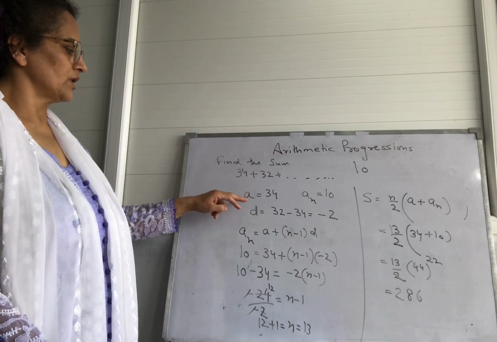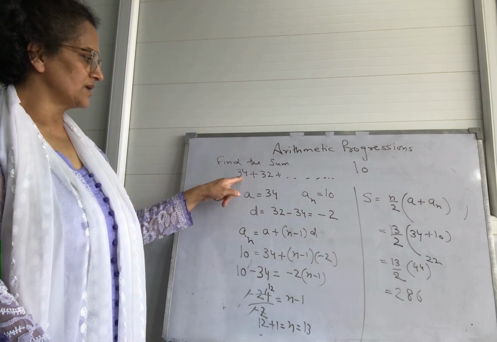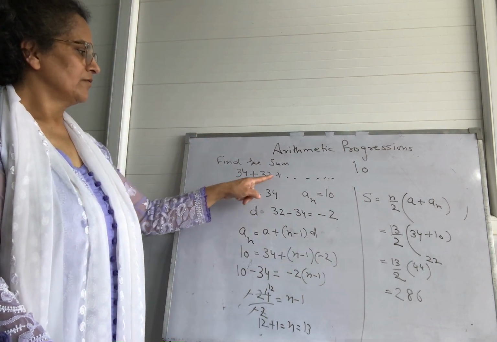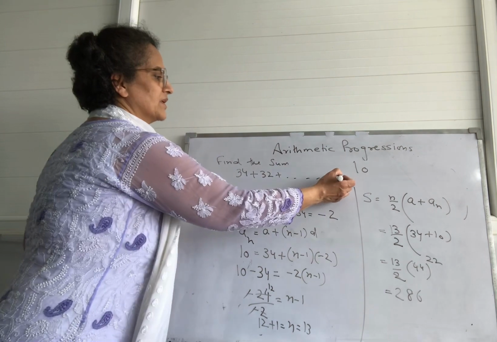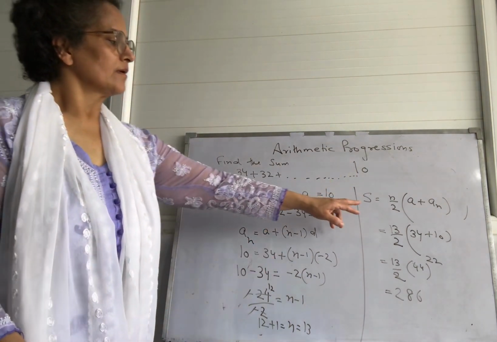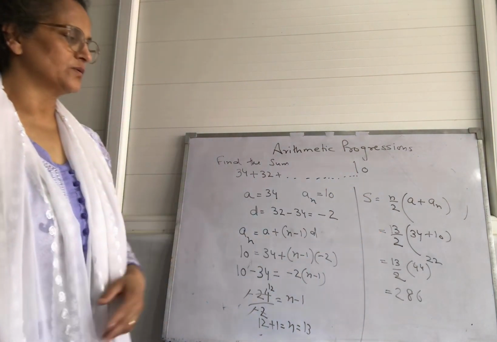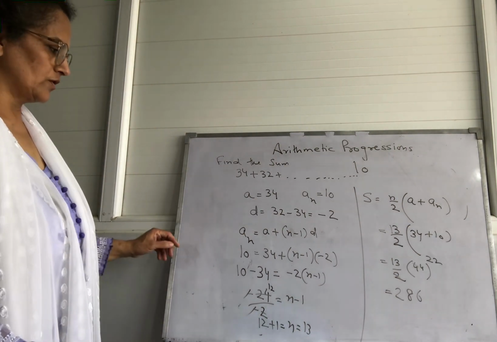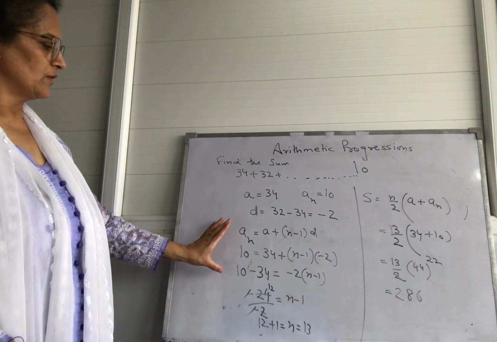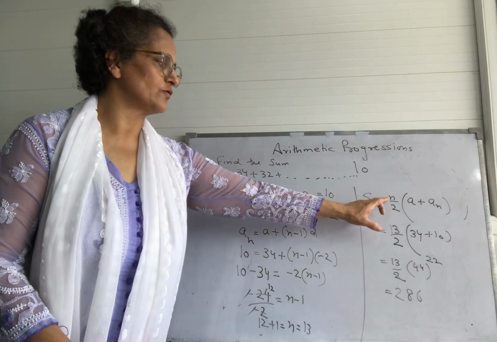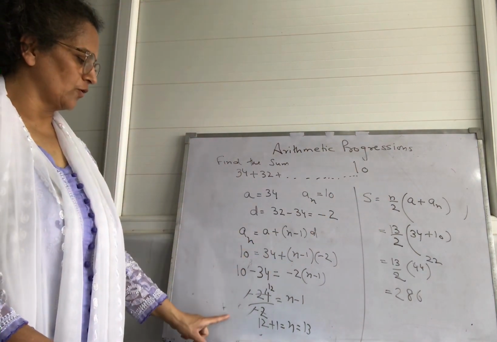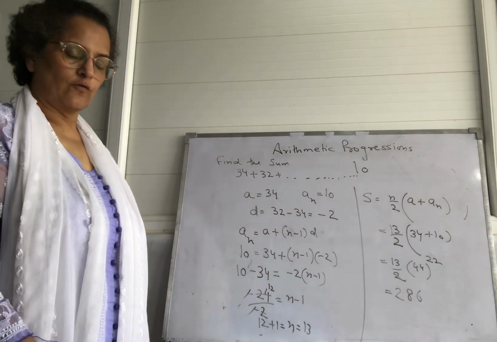So what do we note down? We note down A is given, we find D, we note down the last term given to us. So put in the values in the formula and you can solve it to find the sum. But before that, you have to find n, which can be found from the nth term formula.